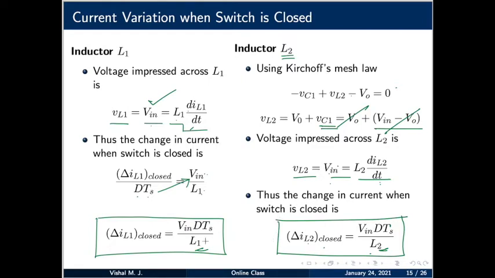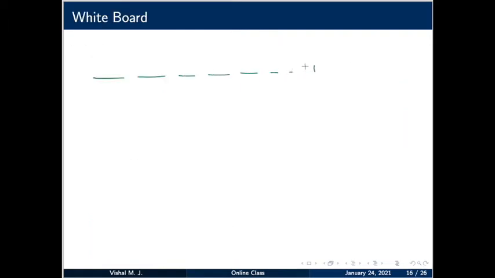Now, this is the variation in inductor current when the switch is closed. This is the average inductor current. Let it be IL1 or IL2, either way it is okay. This is the shape. And this is IL minimum value, let it be capital letter. And this is IL maximum. And what is the ripple?